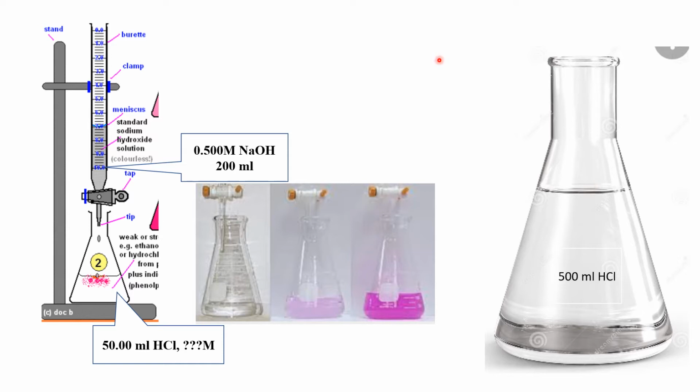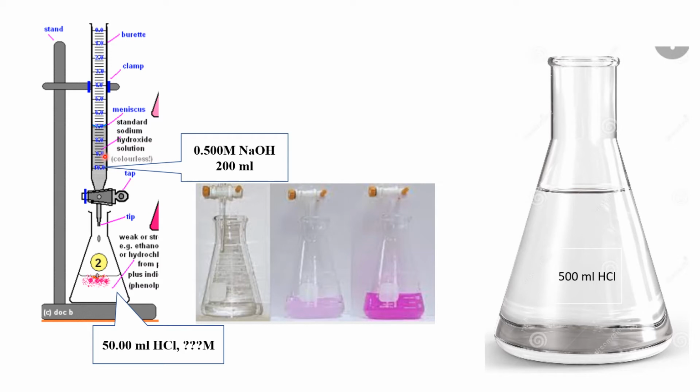This is a titration exercise. Let us first understand how a titration is done. This is usually carried out to determine the concentration of an unknown, in this case hydrochloric acid, by adding a small portion at a time of a known material, in this case the sodium hydroxide.